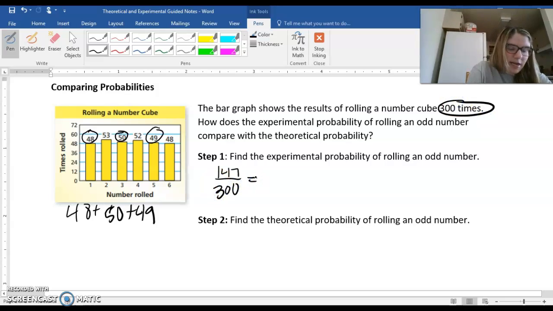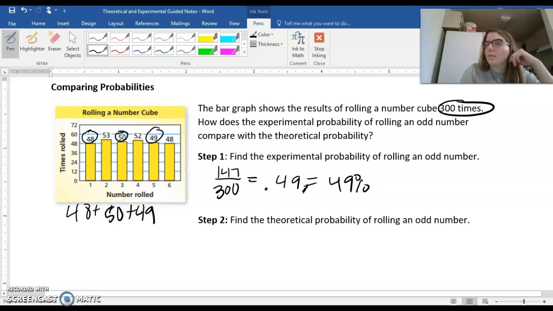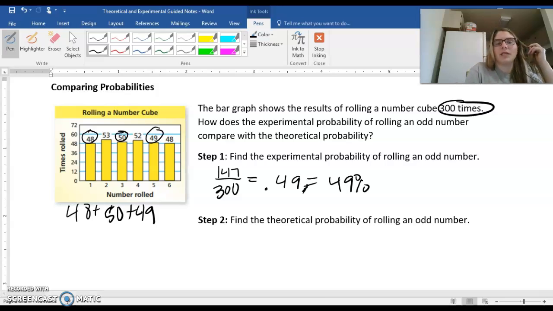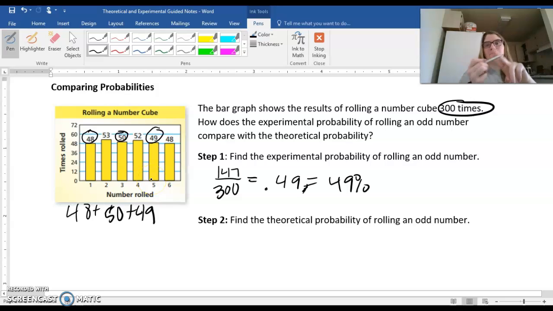When I divide that out, that gives me 0.49, or 49%. To find the theoretical probability, I don't need to use the data up here. I know a number cube has 1, 2, 3, 4, 5, 6.